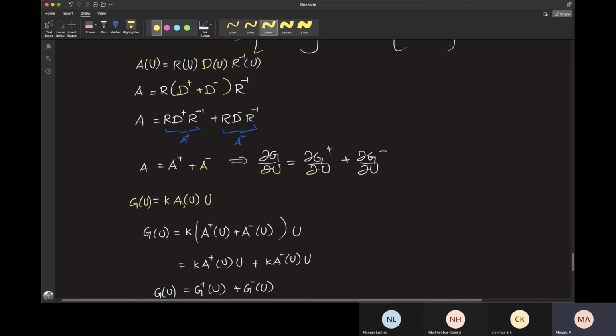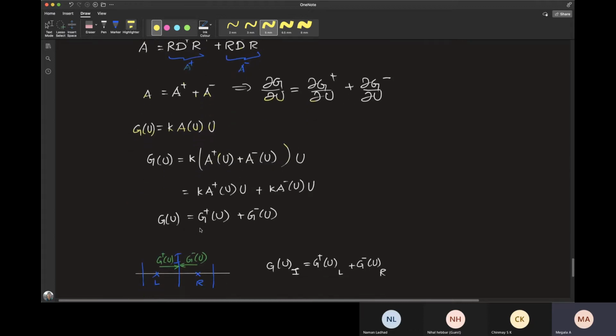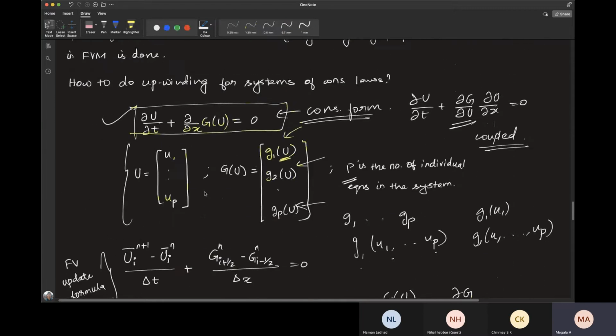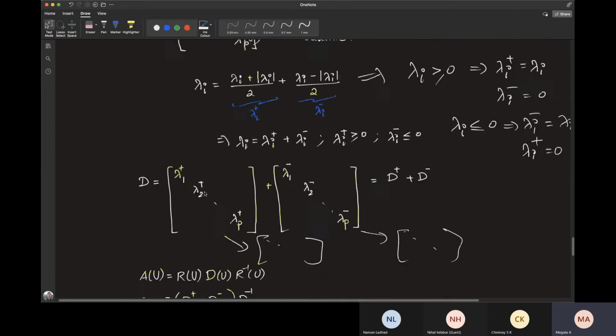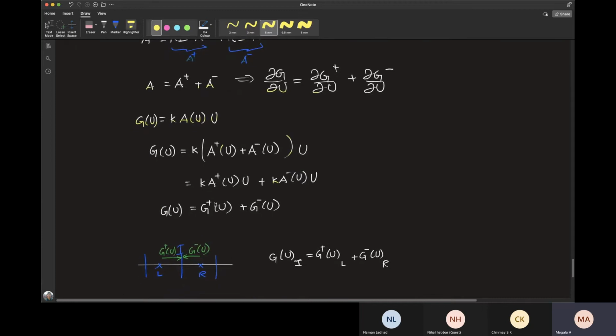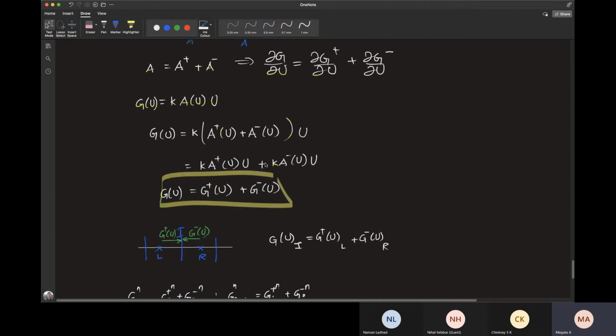Since we have already seen that A can be split up into positive and negative flux Jacobians, we can substitute that over here and split G as G plus and G minus. So we have obtained the splitting of fluxes. This is similar to what we obtained in the scalar case earlier. So now this splitting of positive and negative fluxes has been achieved.